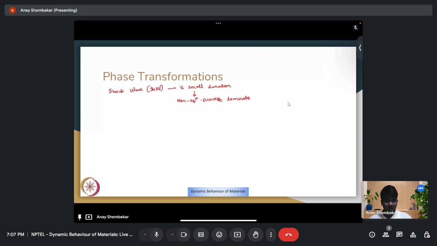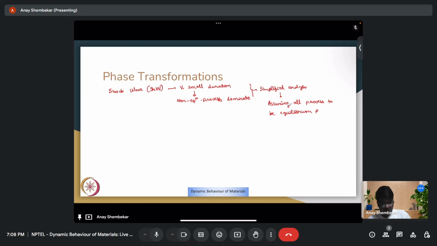So, we make a very simplified analysis, assuming all processes to be equilibrium processes.